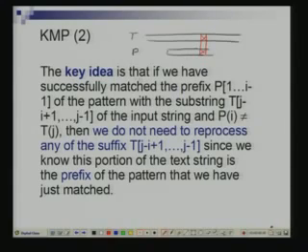Suppose we have successfully matched the prefix P1 through Pi minus 1 of the pattern with the substring Tj minus i plus 1 to j minus 1. Let us label these things. This would be location j, this would be i. So I have successfully matched P1 through Pi minus 1, so this would be location i minus 1.